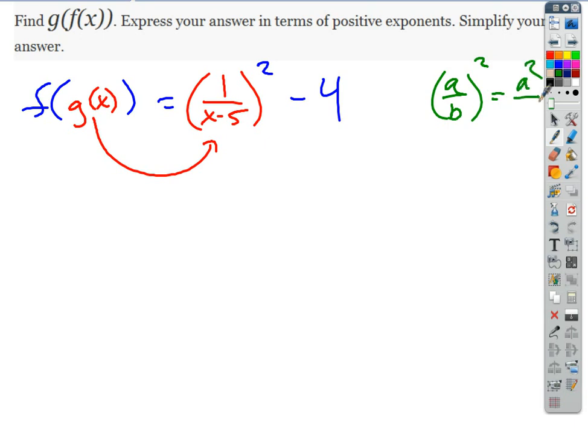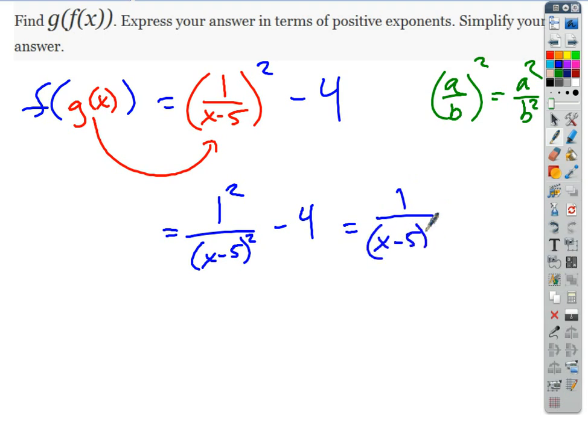Just distribute the power. So this is just going to give me 1 squared over x minus 5 squared minus 4. So really all I'm getting is just 1 over x minus 5 squared minus 4. And that's good enough. We don't need to go any further than that.